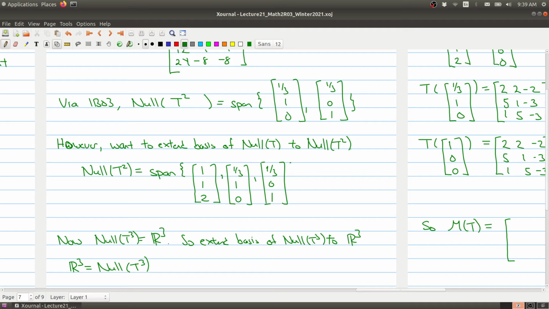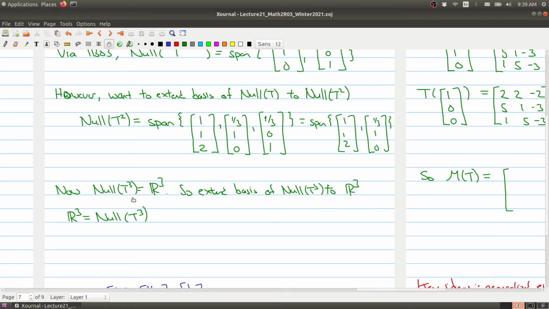These are no longer linearly independent, but you can find a linearly independent basis where this is the first one, and this guy, 1/3, 1, 0, is the second basis element. So there we go. We've extended the basis from null T to null T squared.